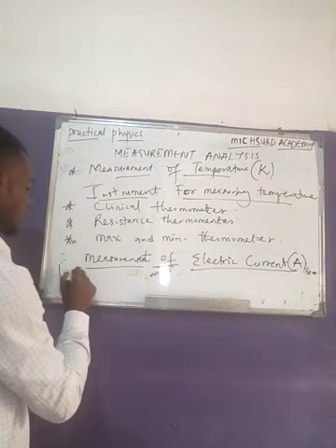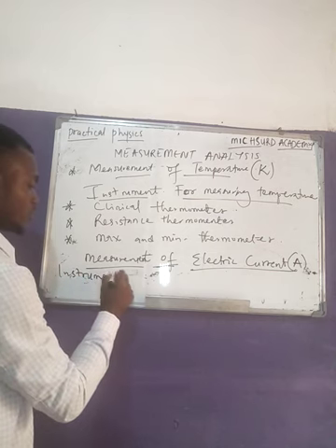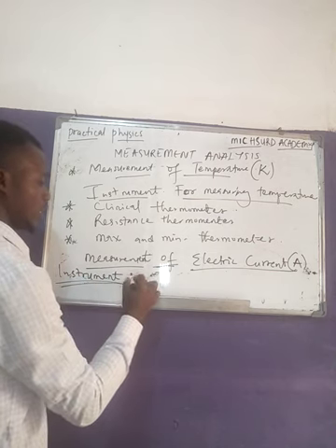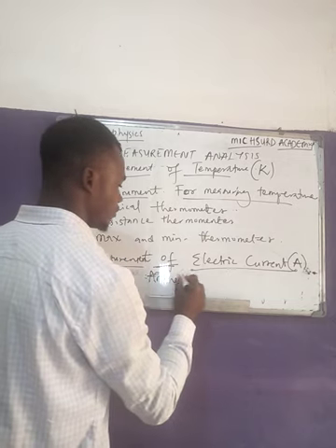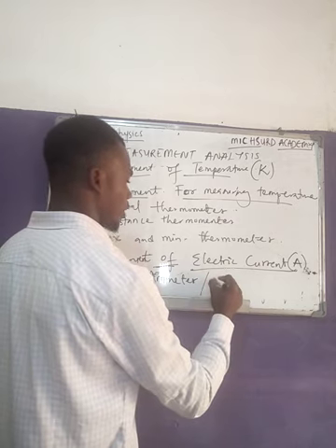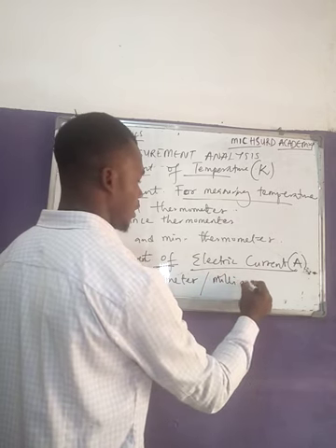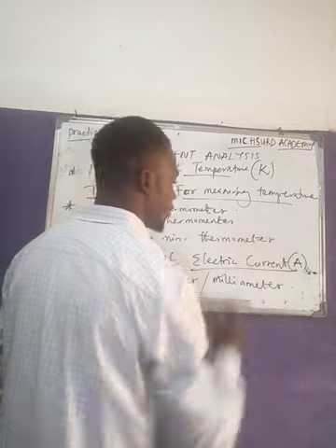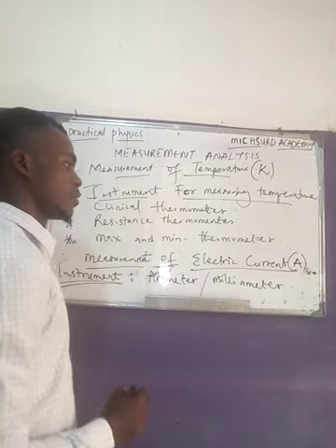The instrument that we can use to measure current is called the ammeter. But if we want to measure smaller currents, we can use the milliammeter, for measuring smaller currents.